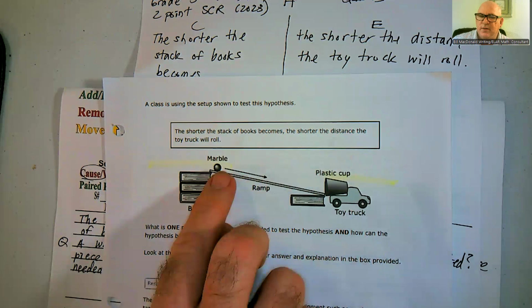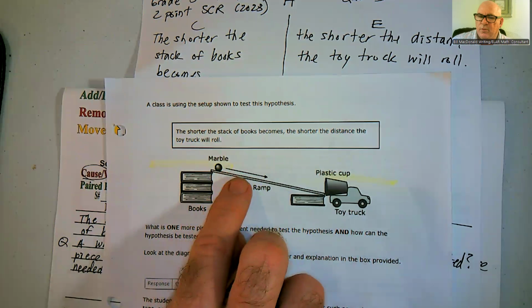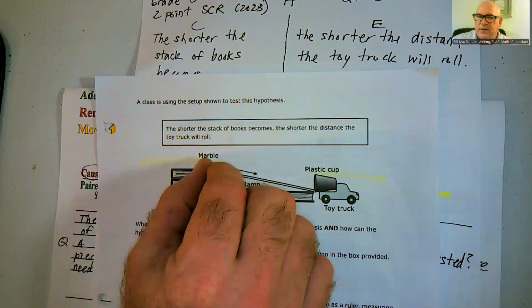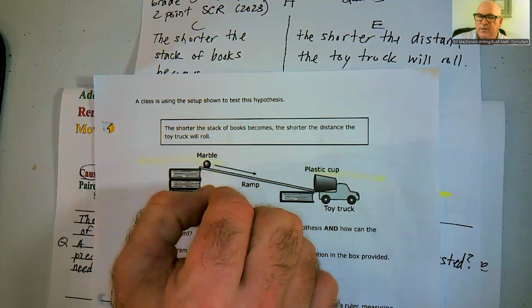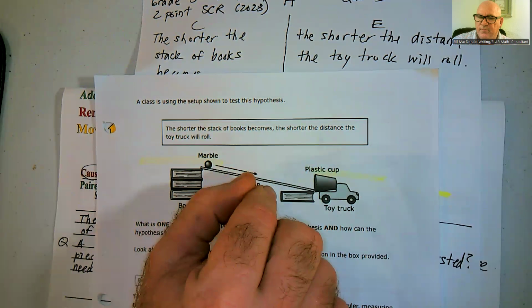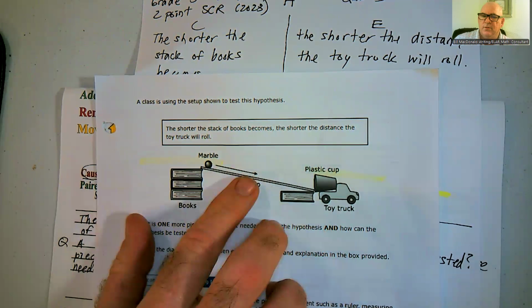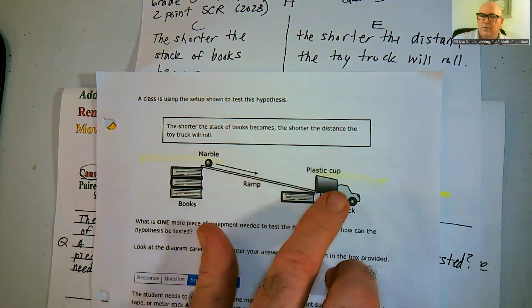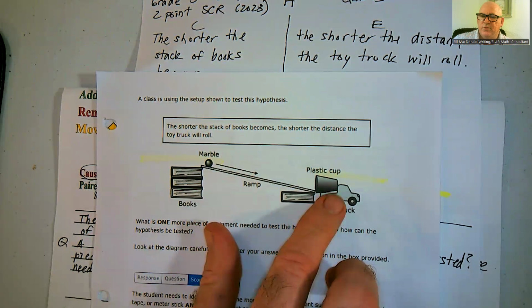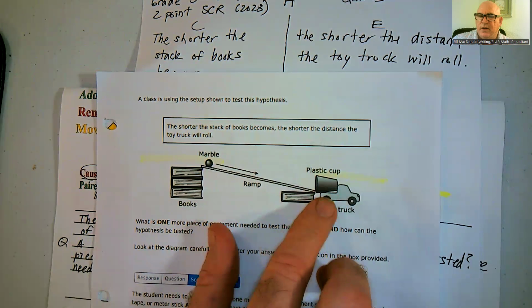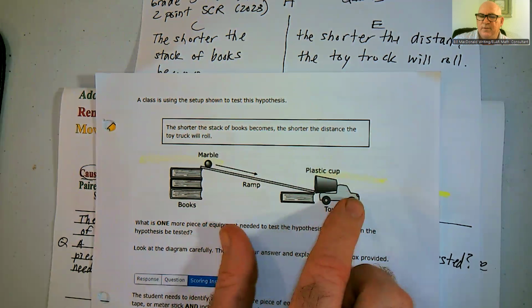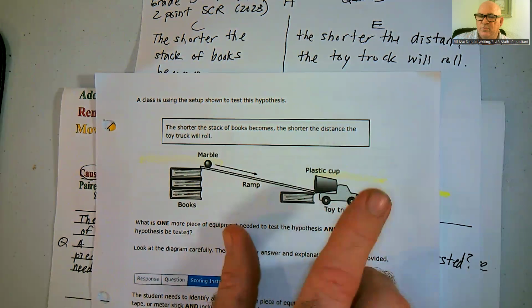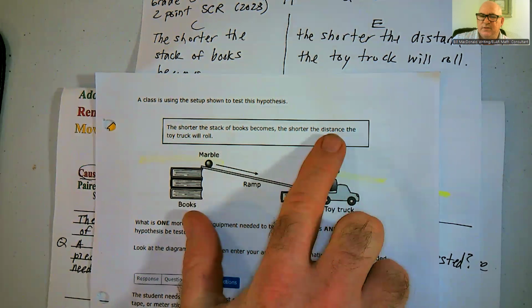So as you can see by the arrow, when the marble is released on the top of this ramp, it's supposed to go into the cup and cause the toy truck to move a certain distance.